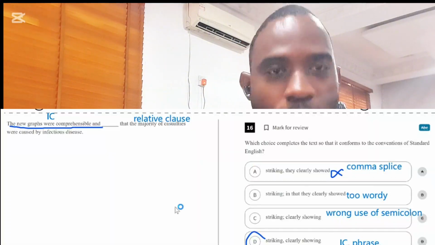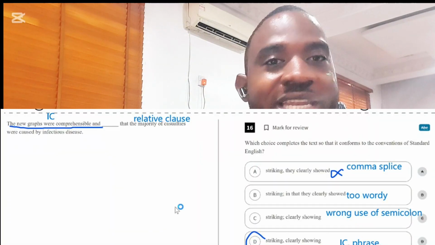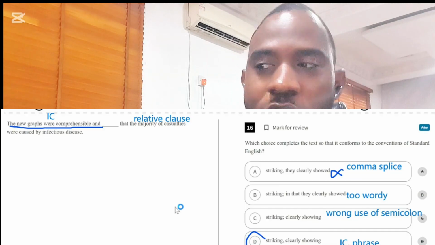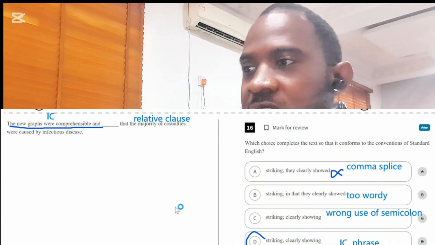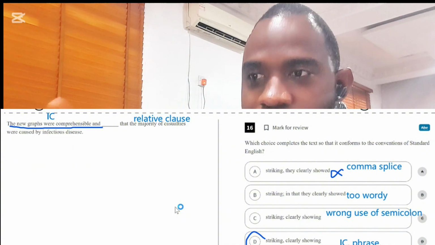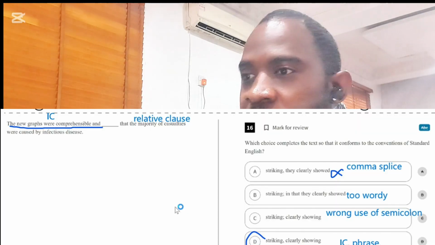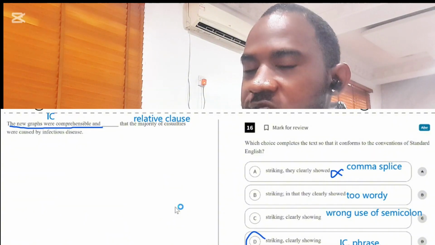A is wrong because A gives you the comma between two independent clauses, and you know that that is wrong. That is called a run-on or a comma splice on the SAT. You want to try it in and see how it makes sense as a comma splice, right? The new graphs were comprehensible and striking. Complete idea, right? Then after that we have, they clearly showed that the majority of casualties were caused by infectious disease.